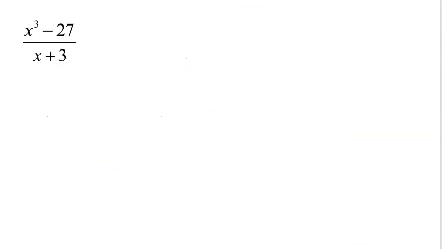Our next question will be x cubed minus 27 over x plus 3. And you'll recognize that there is no x squared term or x term in x cubed minus 27. So I'm going to go ahead and put them in just so I have an easy division problem to do regarding the subtraction.